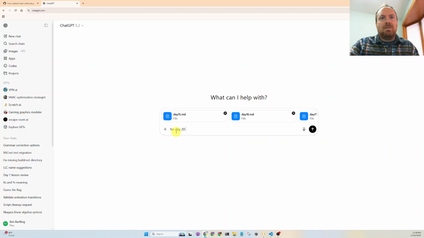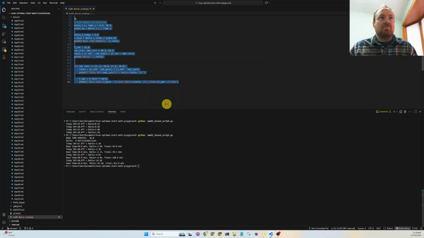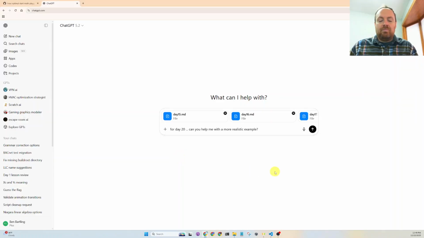For day 20, can you help me with a more realistic example? I combined 19 and 20 together. But the minutes calculation is negative. Please help me out.